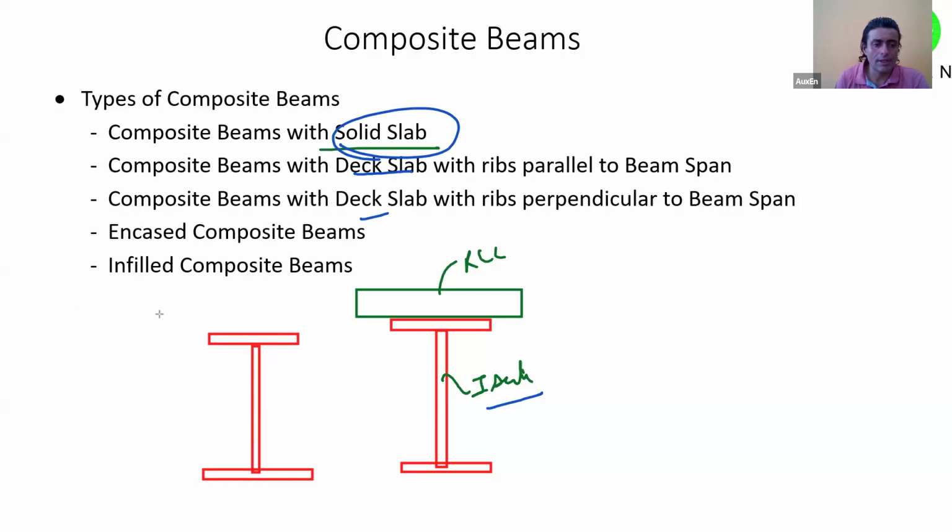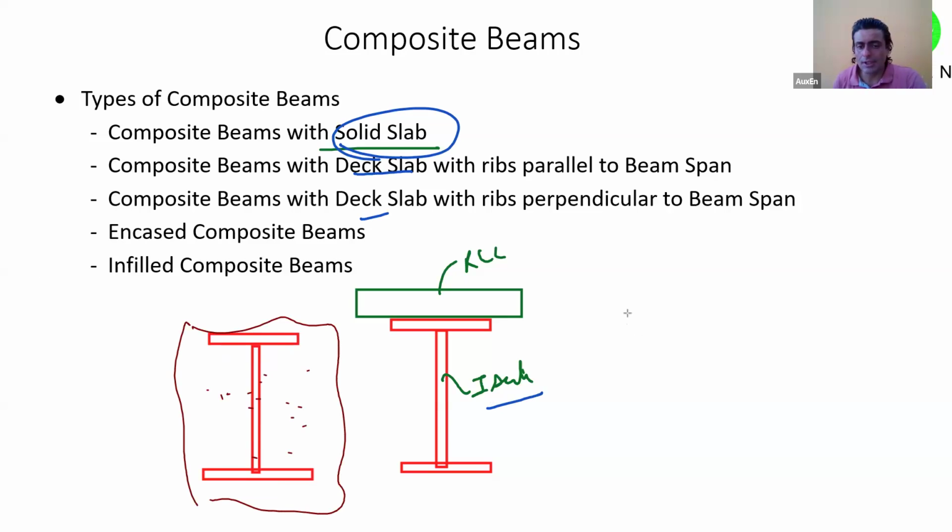Even when I was making an encased section, I was drawing an I-shaped beam and then encasing it inside concrete. I may have an RHS or a closed box section also like this. And on top of it, I can have a solid slab attached.